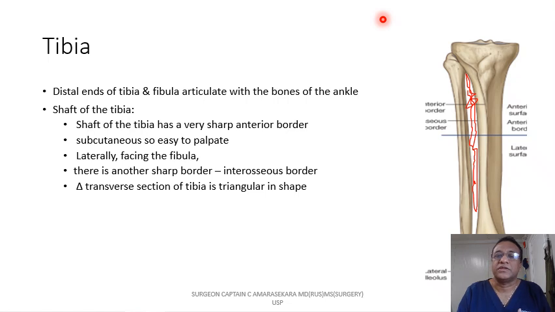This knowledge helps us understand compartmental anatomy, specifically when you are doing physiotherapy in a case of compartment syndrome. So this is your interosseous membrane, and this is your interosseous border. It separates the anterior compartment from the lateral compartment.